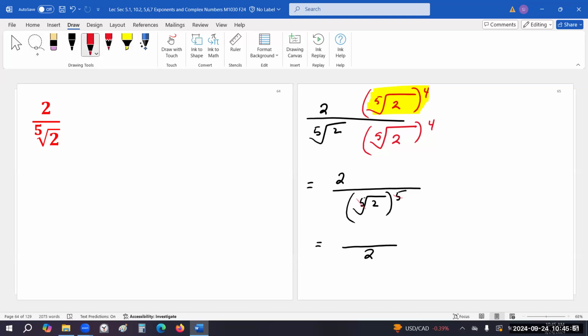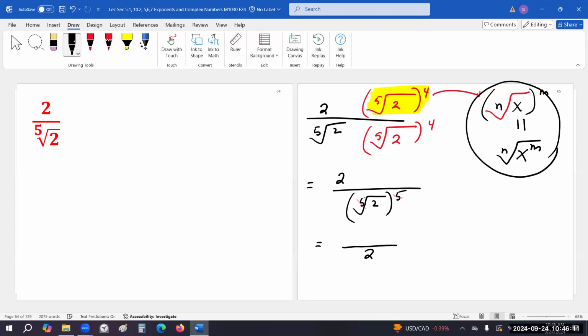Remember the radical rule? Nth root of x to the m is the same as x to the m over n. Do you remember the rule? Well, that means we can write 5th root of 2 to the 4 inside.